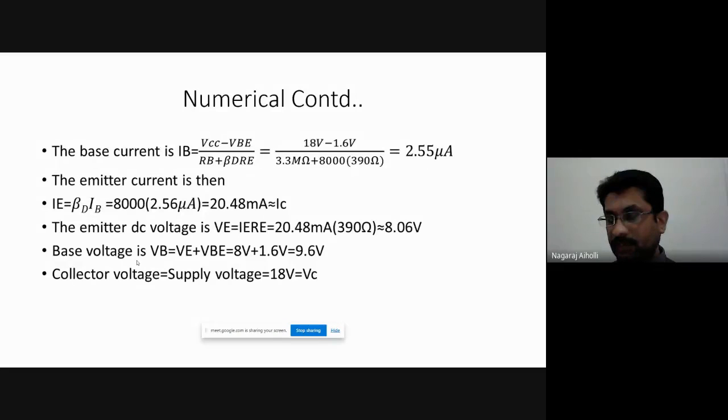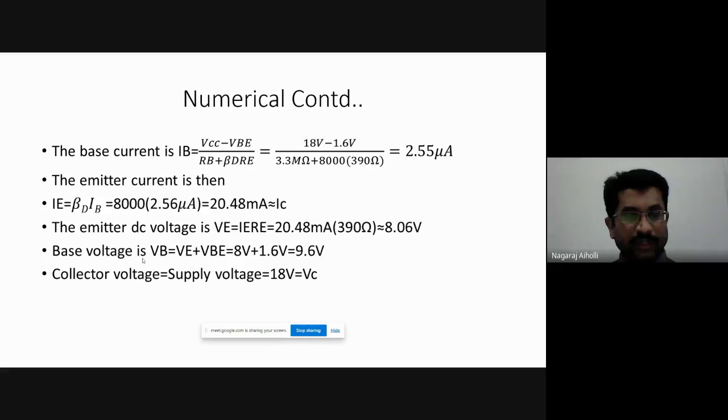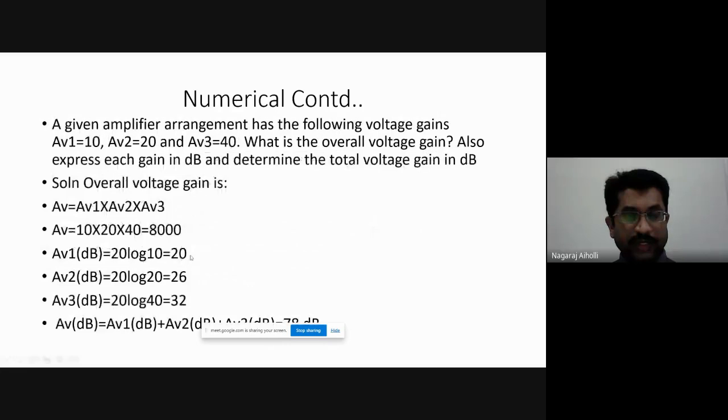What is the answer? 20, sir. 20. Very good. 20 log 10 to the base 10 is 20.